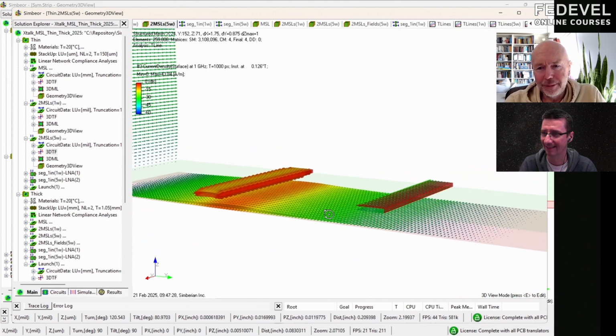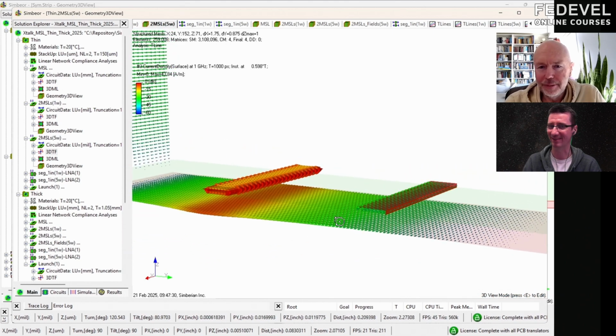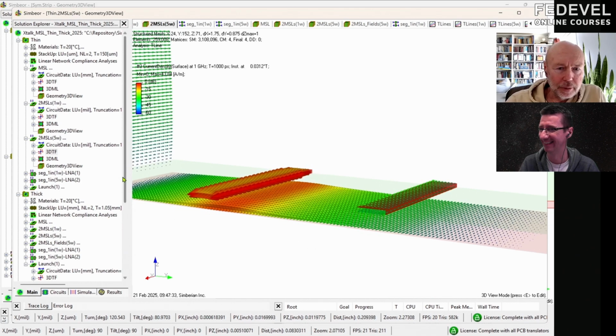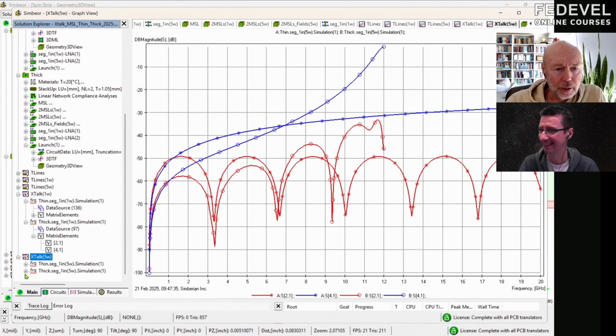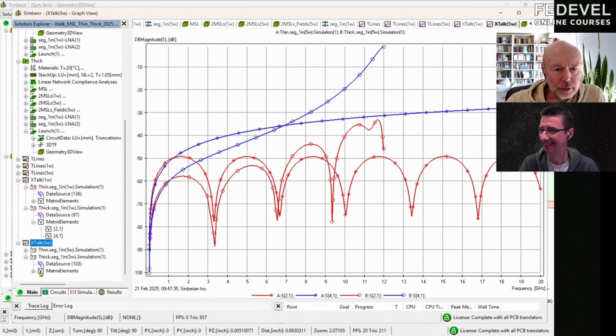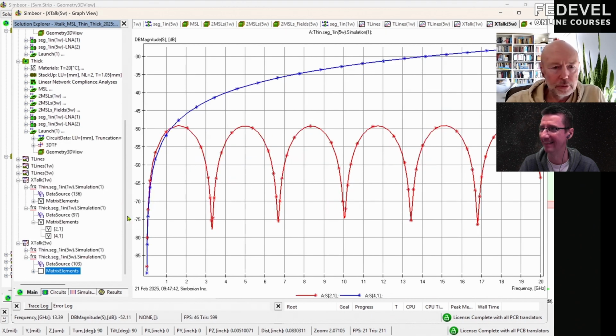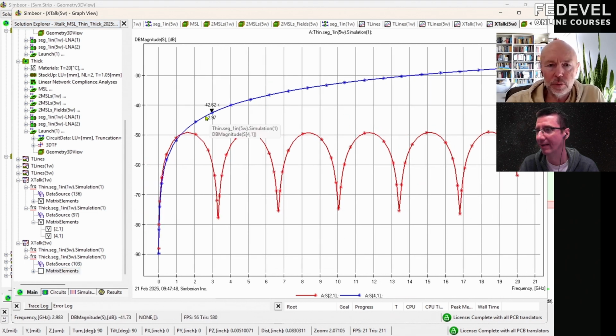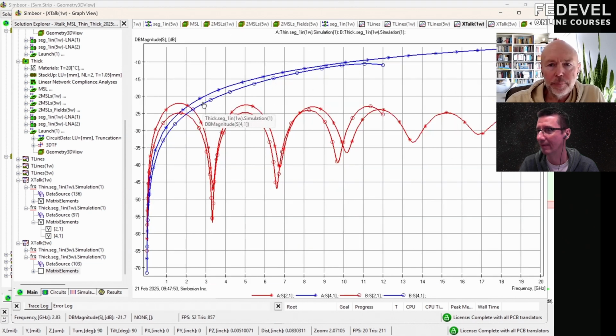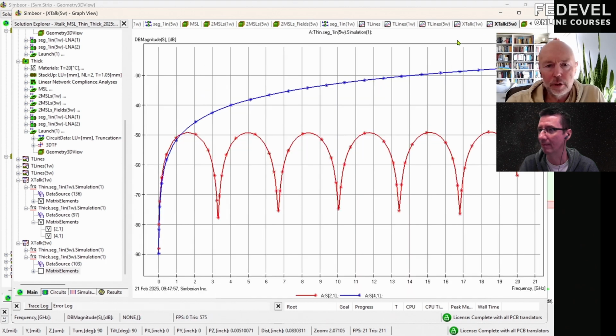So how does it compare? Now the numbers. 5W, and let's start from the thin case. The numbers went considerably down. We can compare it right here: instead of minus 20 at about 3 gigahertz, you have minus 42.